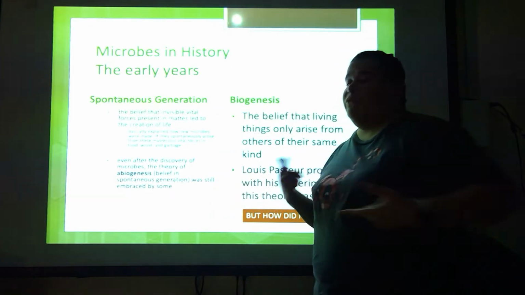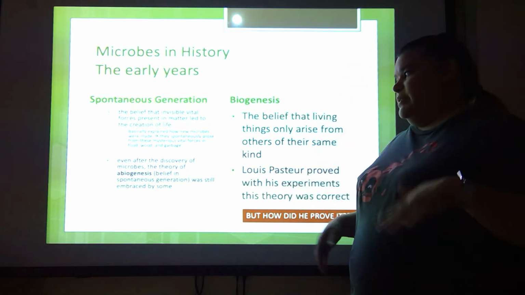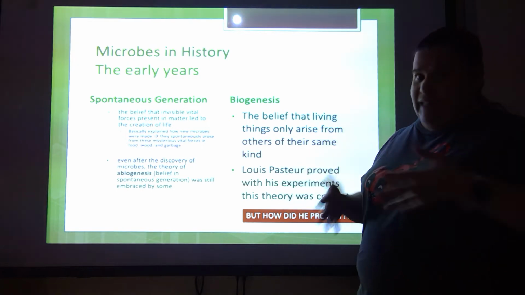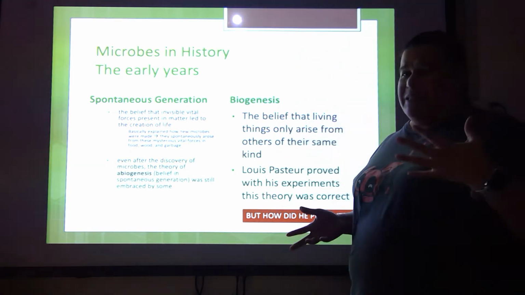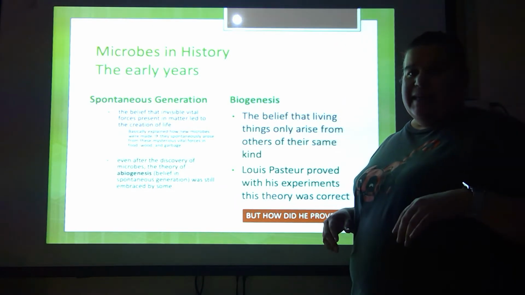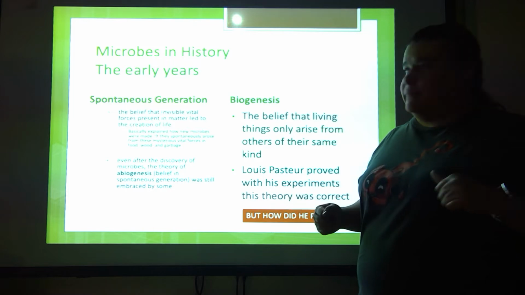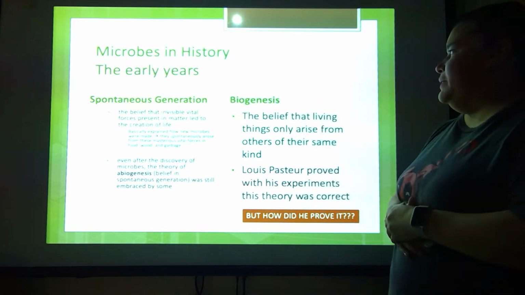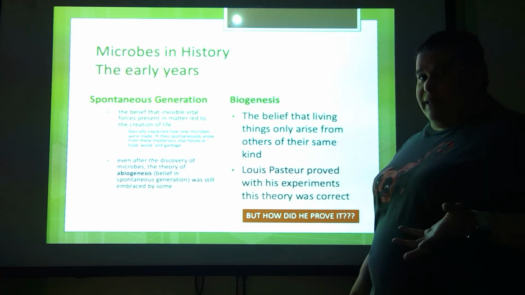Even after the discovery of microbes, the theory of abiogenesis, basically life without life, like it just spontaneously came about, was still embraced by quite a few because they didn't understand.